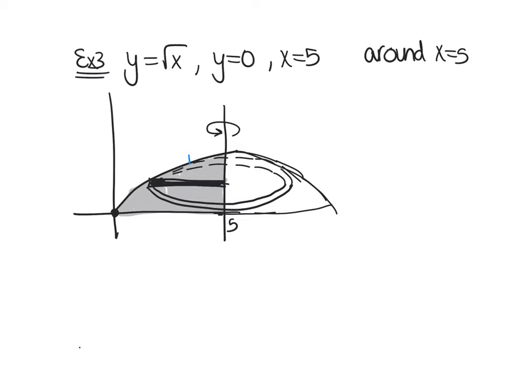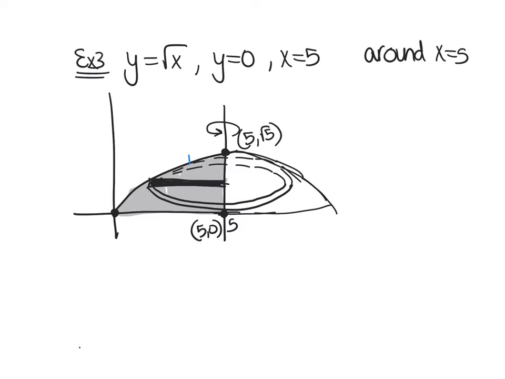All right, so remember the difference when you're in the y direction, you're going to do your low y, which in this case is 0, all the way up to radical 5.